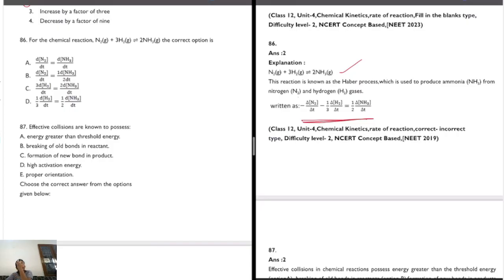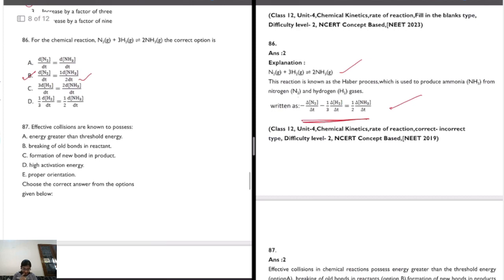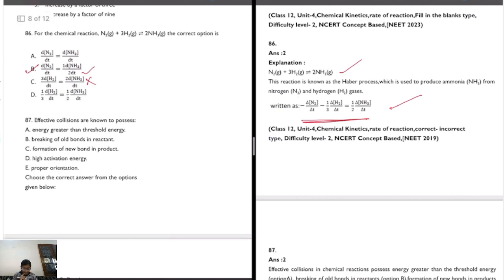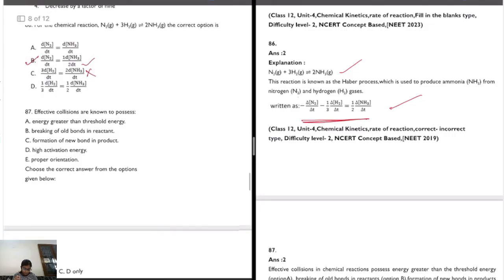And the products will not have the negative sign because they are being formed. Therefore, this is the correct way to write it, and it corresponds to option B, because in this option 1 by 2 is missing. Here we have 1 by 2, and we don't multiply it for hydrogen. So this would be the correct option.